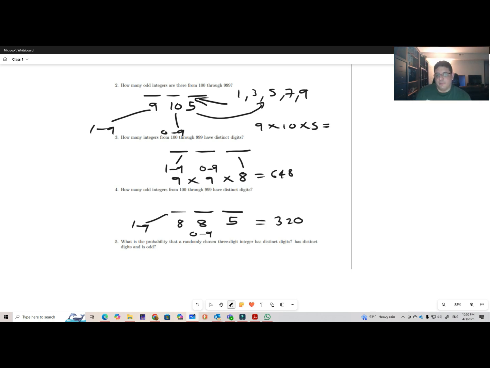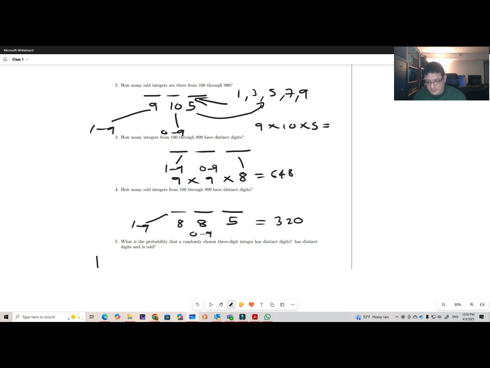Now we can of course do the same that we did before. What is the probability that a randomly chosen 3-digit number has distinct digits? And what happens if it has distinct digits and is odd? We're going over the total number of possibilities, which is this here on the bottom, and then we have the 2 cases with either this or this.